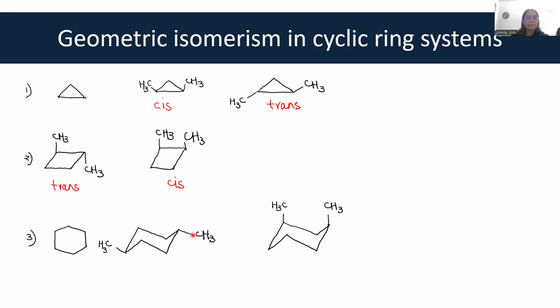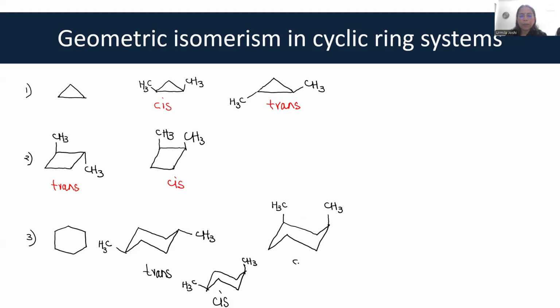In this case, one methyl group is pointing downwards, the other methyl group is pointing upwards, and therefore this is called trans 1,4-dimethyl cyclohexane. The corresponding cis isomer will look something like this, but of course more about this we are going to study in the chapter of cyclohexanes. So this is a cis 1,4-dimethyl cyclohexane.